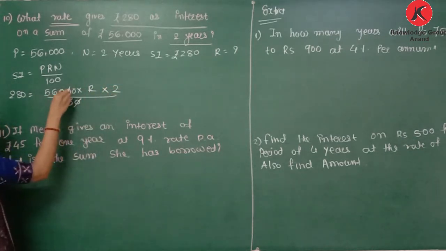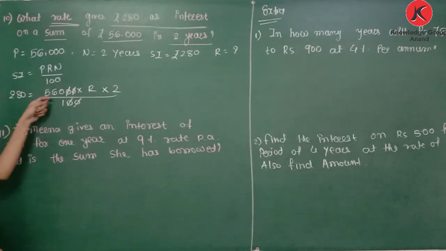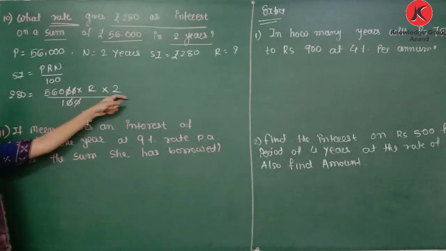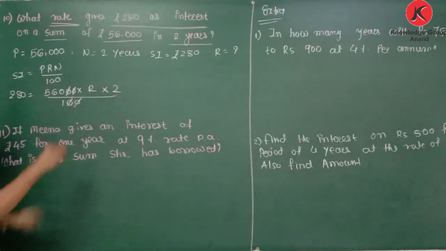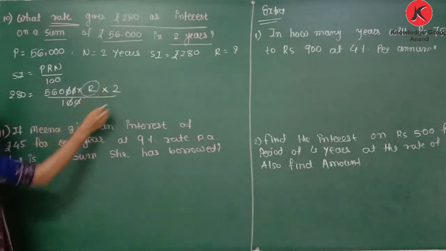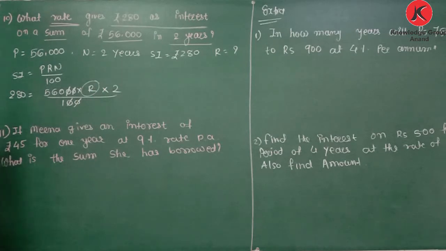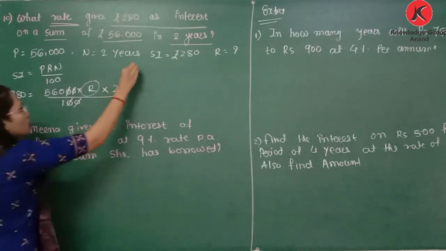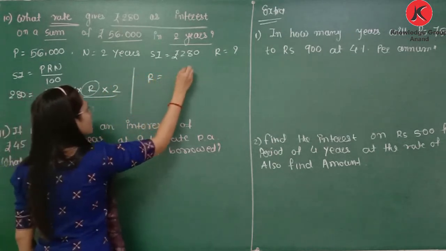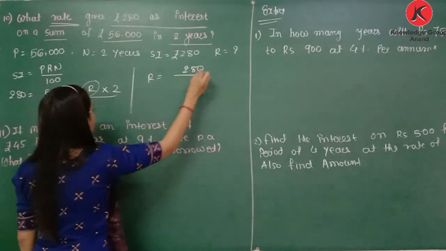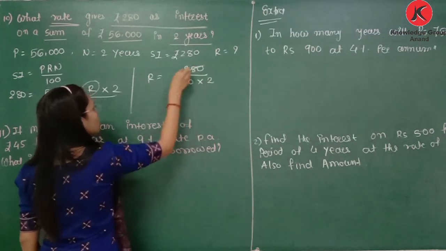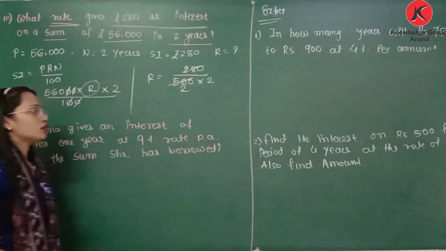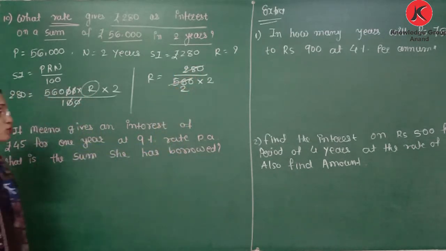We can cancel out these 0s. Now 560 and 2 are in a multiplication, which means they are in the numerator. So to find the value of unknown R, we need to take them to the left side in the denominator. So rate of interest will be 280 divided by 560 multiplied by 2. 28 multiplied by 2 is 56.